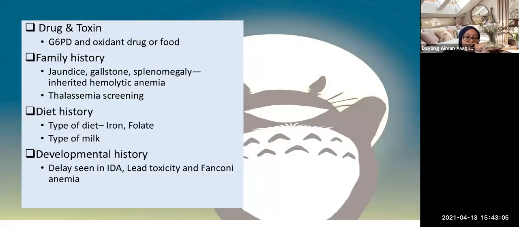So we also need to ask about the drug history, and if there is any family history of similar symptoms or diagnosis of hemolytic anemia or thalassemia, and about the diet history, because iron deficiency anemia can be because of reduced intake of food with iron content. And then we also need to look for the developmental history, because delay in the developmental milestones can be seen in those with IDA, lymphocytopenia, and also Fanconi anemia.